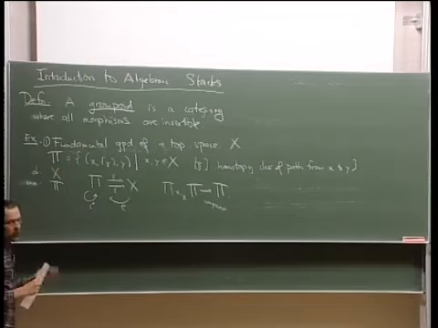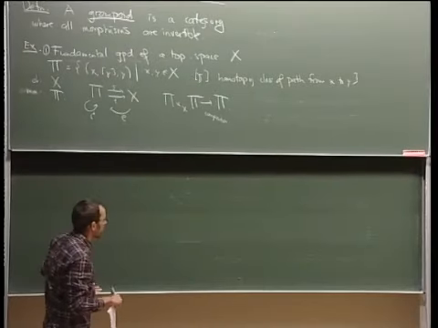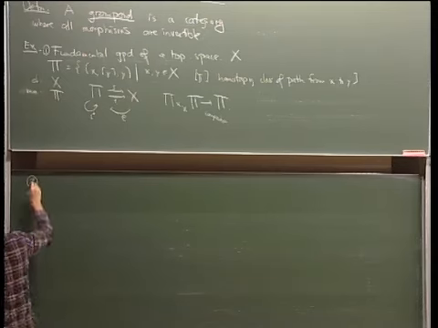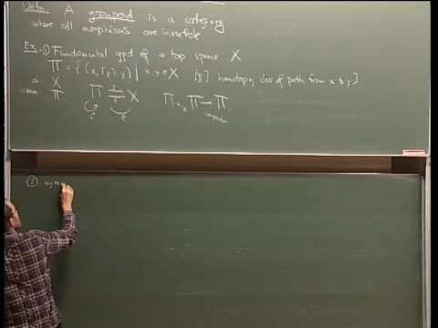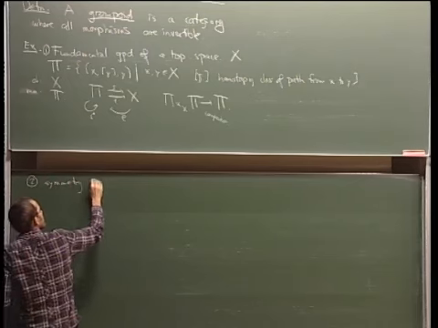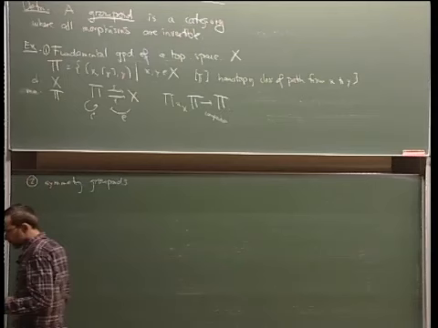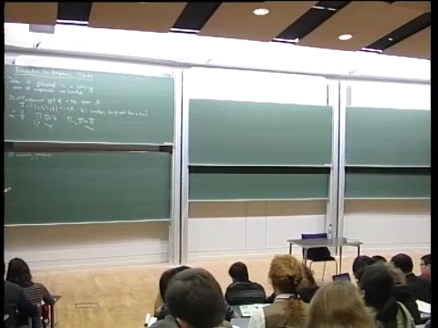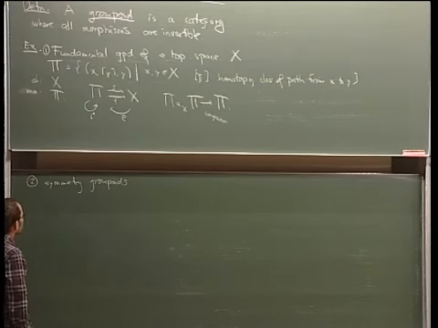But the way groupoids come about in stack theory is as follows. The second main example is the symmetry groupoids. We're all familiar with the fact that in mathematics, if you have an object, its symmetries form a group.